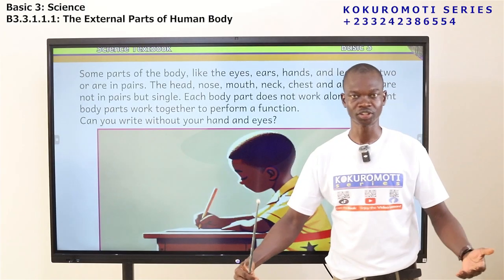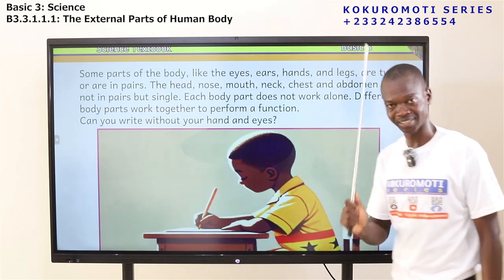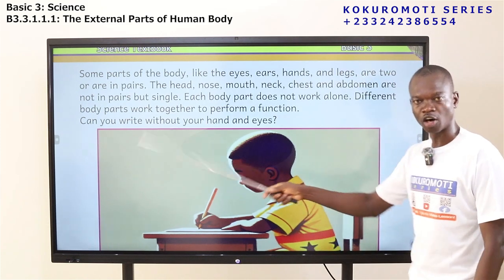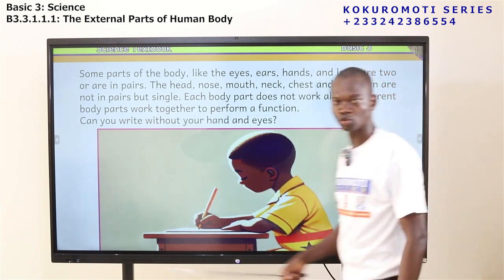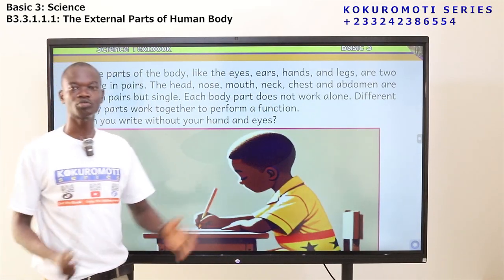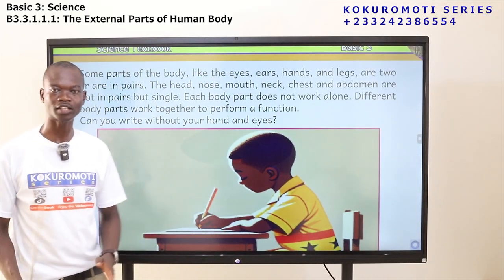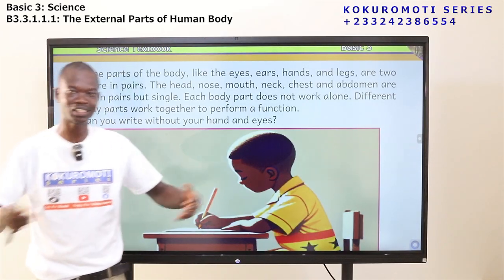I am teaching. My hands are used to what? To hold the stick, to point at objects. My eyes are used to see. My legs help me to walk. So meaning that whatever we do, any task we perform, we don't only use one part of the body, we use different parts. So one part depends on the other.